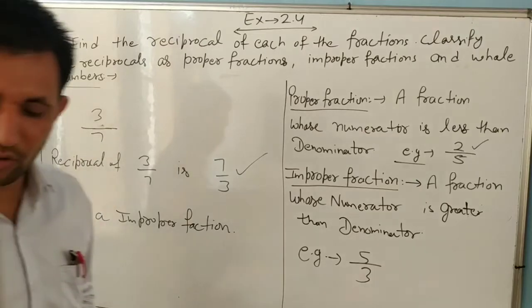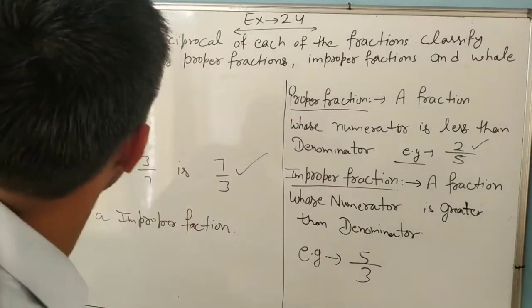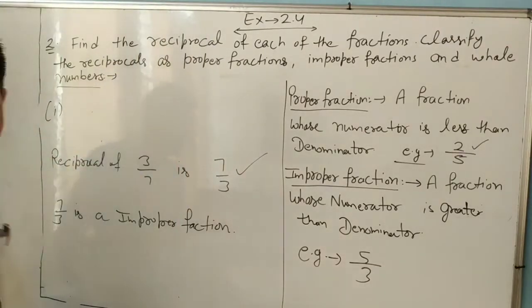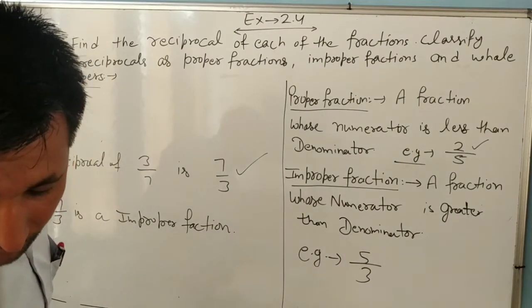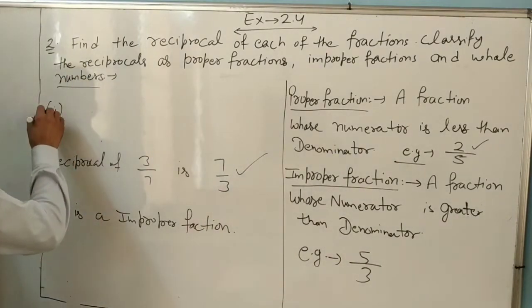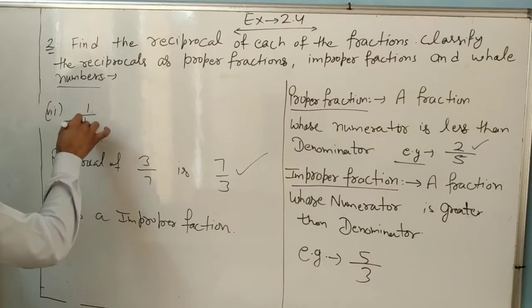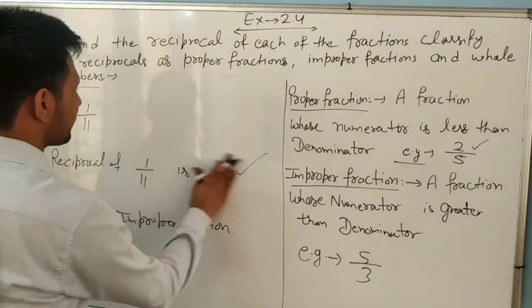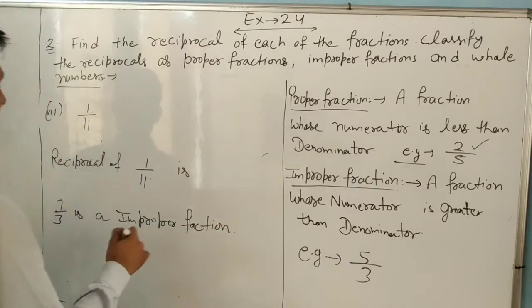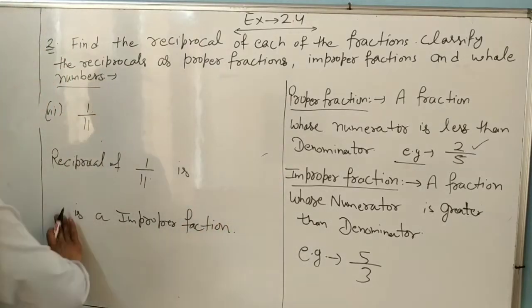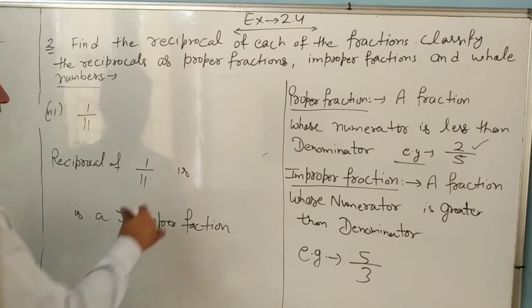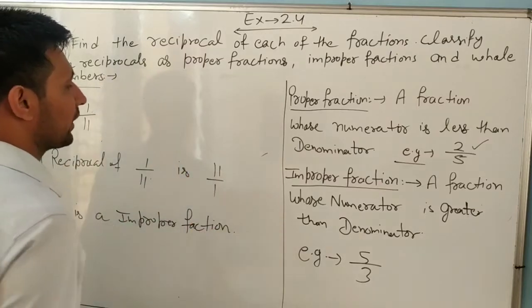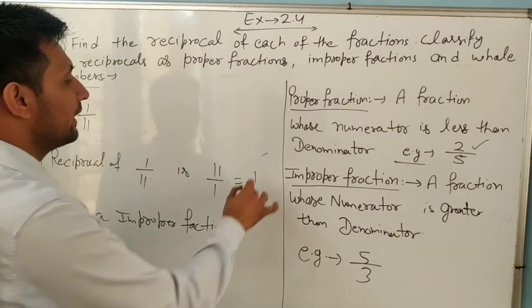The rest of the parts you have to do yourself. One more part, which one? Part number 7: 1 upon 11. Its reciprocal is 11 upon 1. 11 upon 1 means 11.